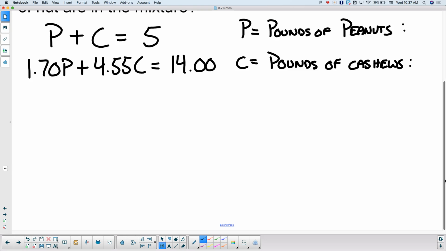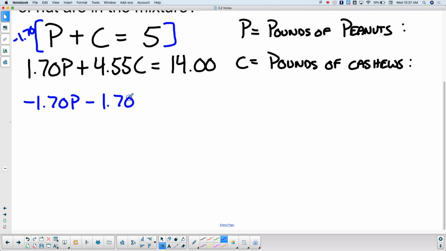P. Okay? So if I'm going to eliminate P, then I'm going to multiply this whole top equation by negative 1.70. My bottom equation is going to stay the same.